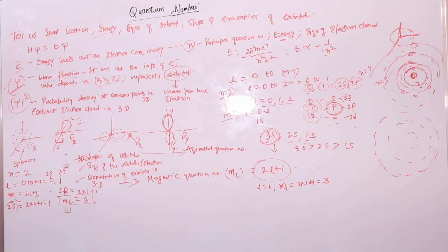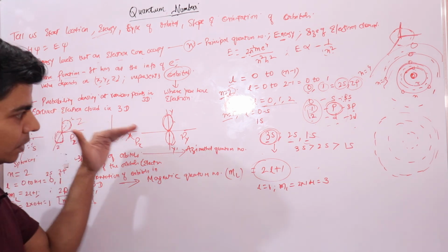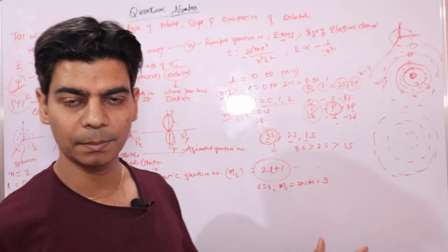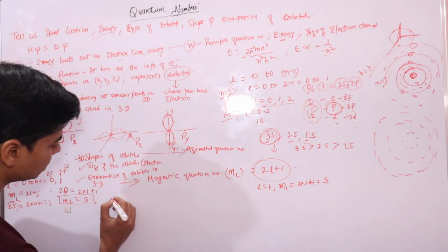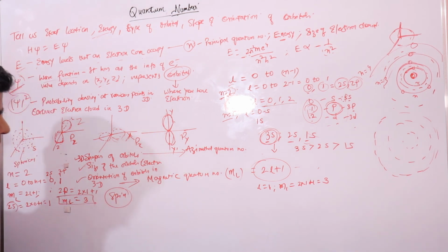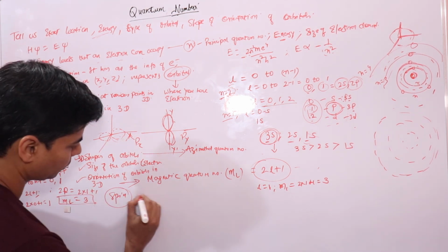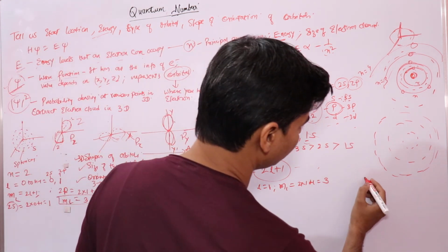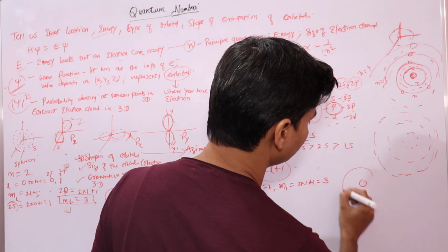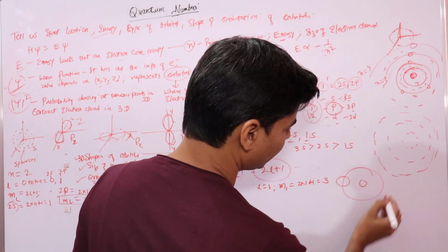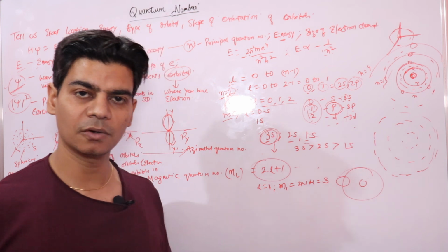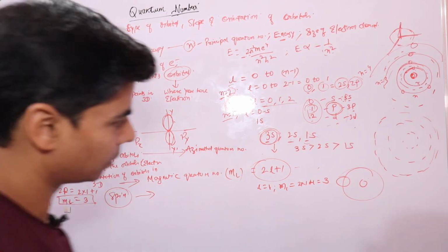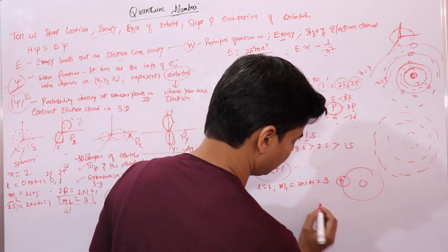Now there is a fourth quantum number. Besides these three quantum numbers, we have another, which is the spin quantum number, right? What does the spin quantum number tell you? Since an electron is moving around the nucleus, in addition to moving, it is also spinning.